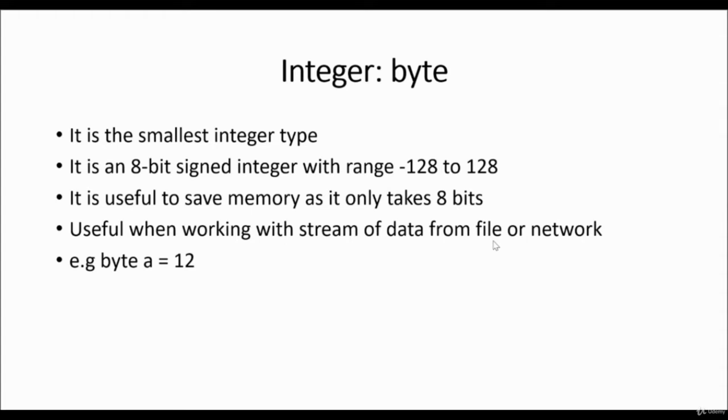When you read a file, all the data inside this stream of data is converted into a byte array, and you read one byte at a time. So in those tasks, byte is very useful.